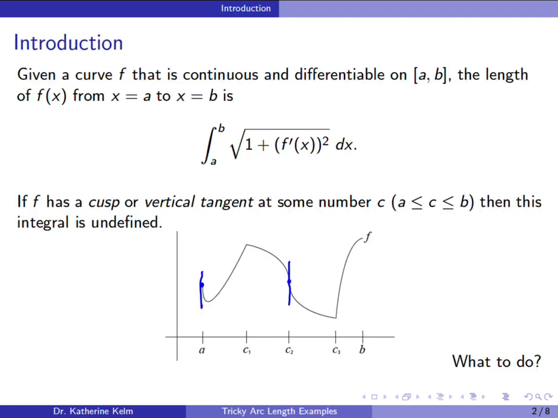Returning to this first example, we do have to be a little bit careful. For example, if we have a vertical tangent at an endpoint, we might think, let's just take the function f on the interval from a to c1 and rewrite that in terms of y. The trouble there is that at this point, we have a horizontal tangent.